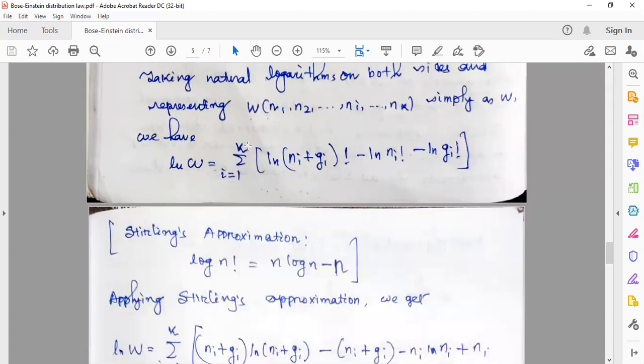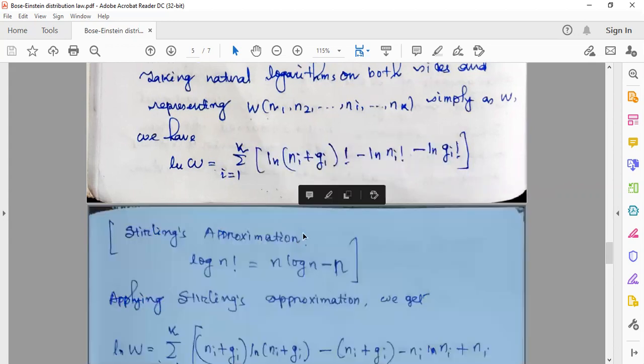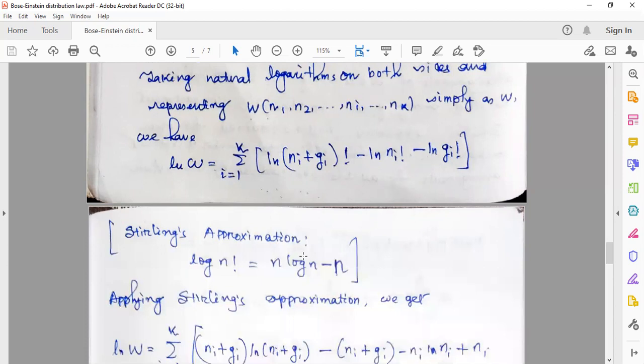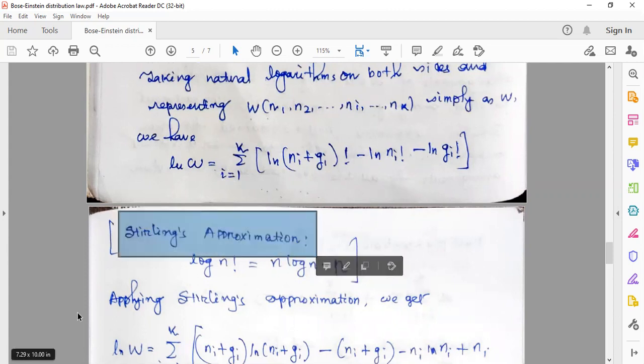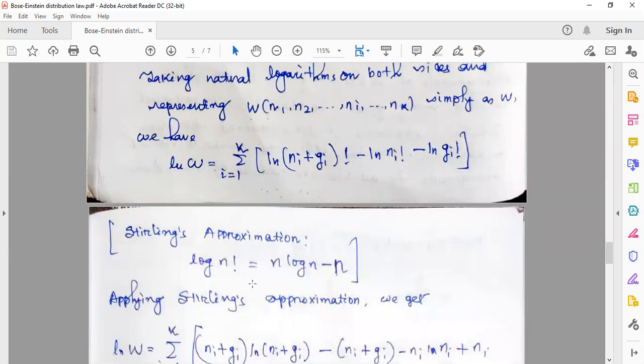Now when there are these factorial quantities, in mathematics or this type of subjects, there is something called Stirling's approximation. What is this Stirling's approximation to make such factorial expressions easier to deal with?